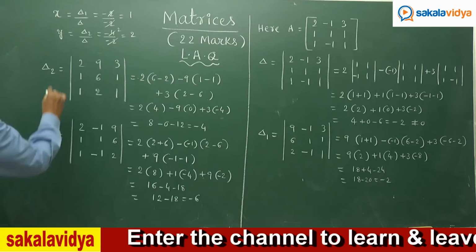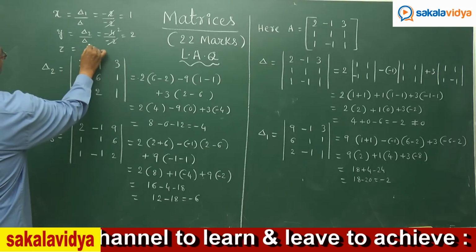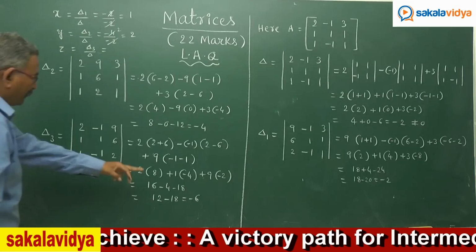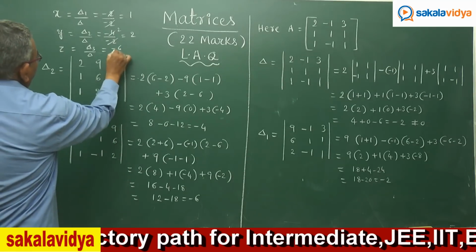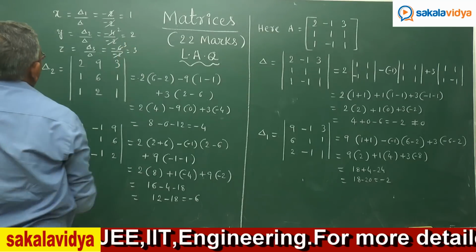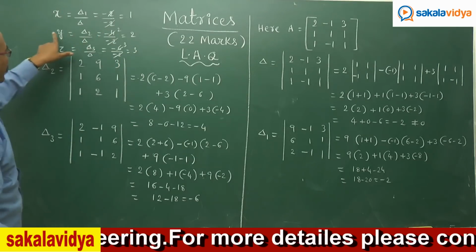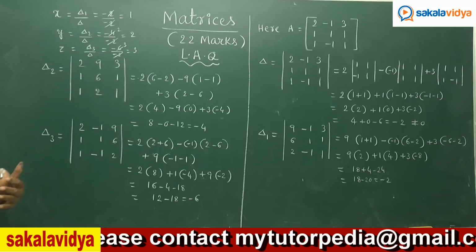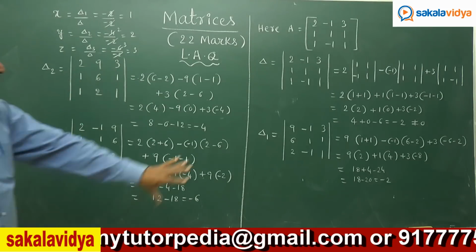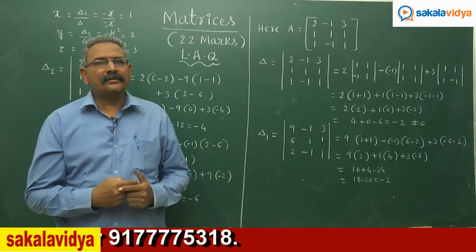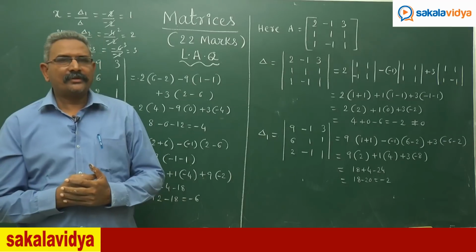Now the z value, delta 3 by delta. Delta 3 is minus 6 divided by minus 2. Minus minus cancel, 3. So, therefore x is equal to 1, y is equal to 2, z is equal to 3. Hence it has been solved using Cramer's rule. So this is called Cramer's rule. In the next episode we will discuss some other examples on Cramer's rule.